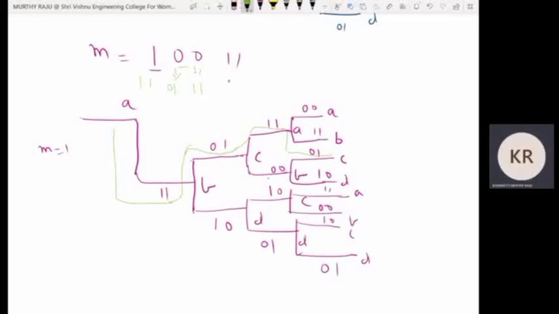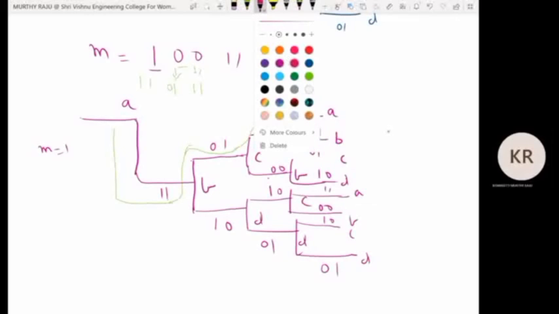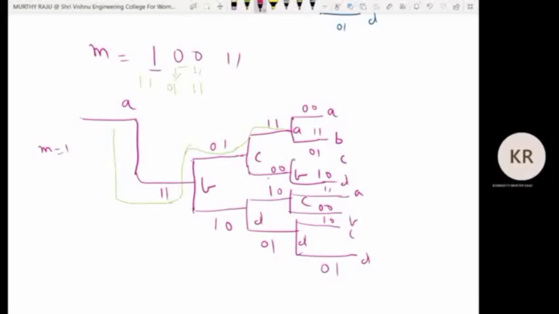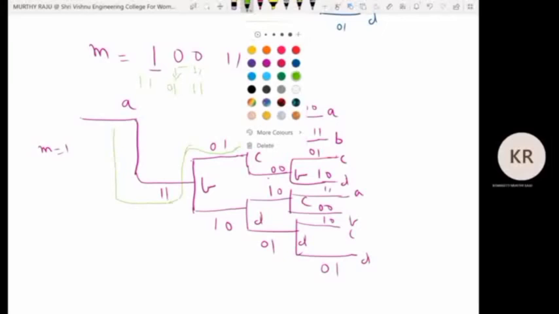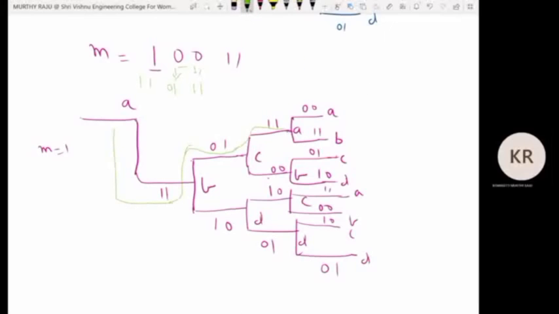Next bit is 1, downward direction. Here indicates 1 1.